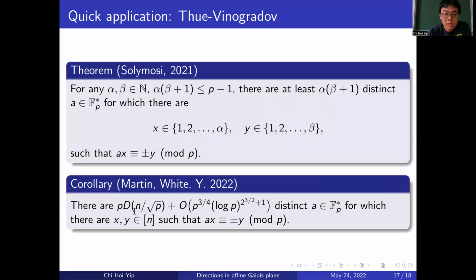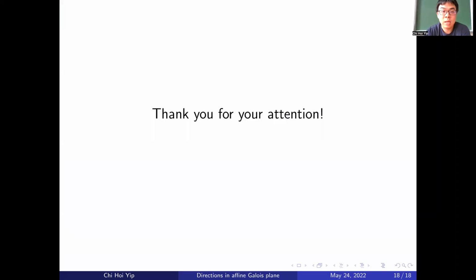In our case, we just set alpha and beta to be n, and we are able to improve that by a multiplicative constant. And that concludes my talk. Thank you very much for your attention.